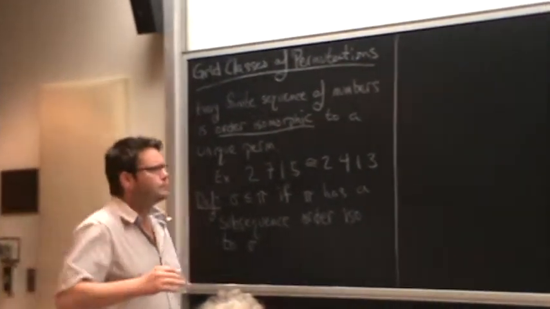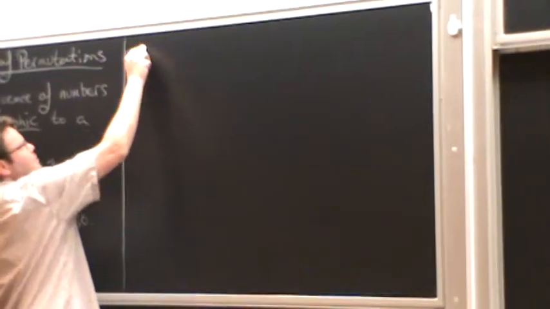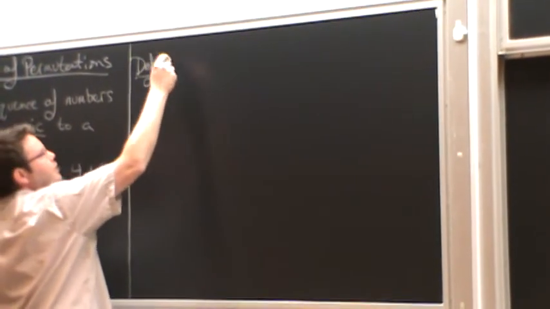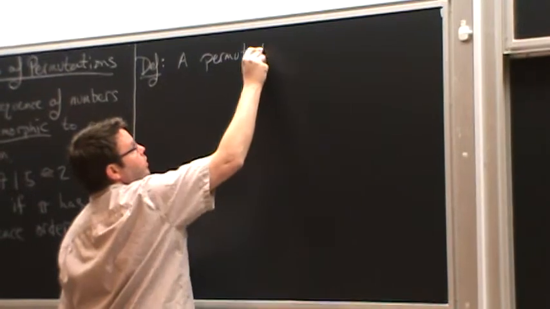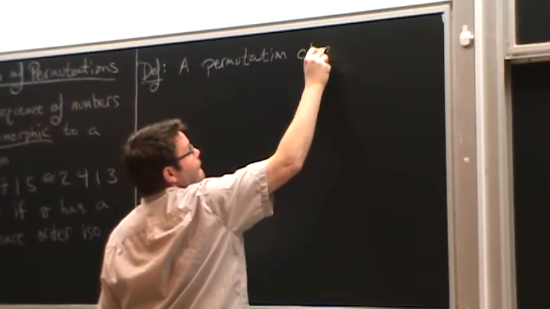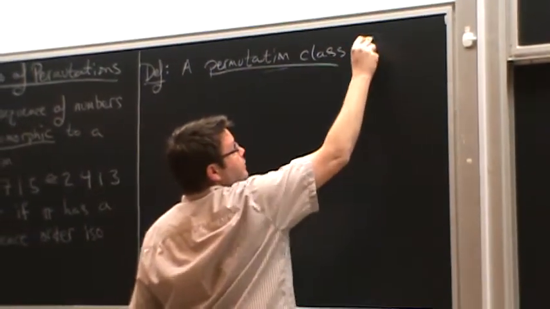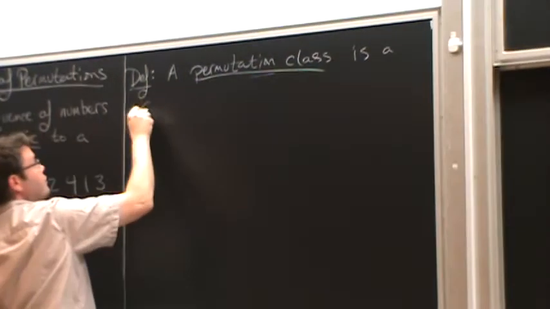Just a couple more definitions before we get started. A permutation class is a downset under this order.